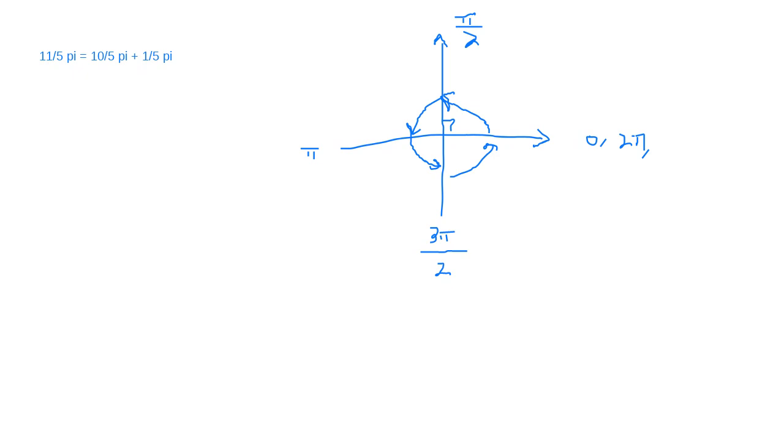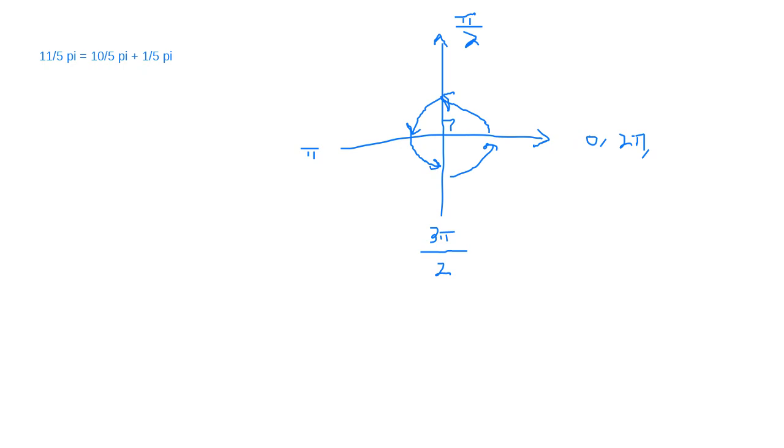So now let's draw. We have these landmarks, right? We have 0, 2 pi, 4 pi, 6 pi on the positive side of the x-axis. And the positive side of the y-axis is pi over 2 plus 2 pi plus 4 pi, and so on and so forth, plus all n pi's. And the negative side of the x-axis is pi. So going from here, walking a straight line is 180 degrees or pi.